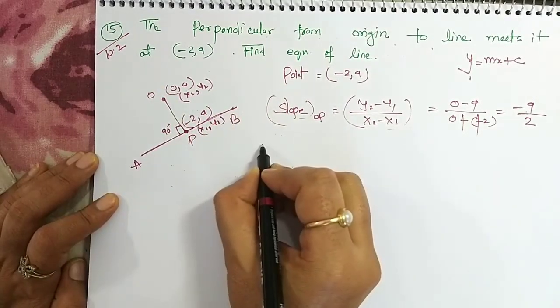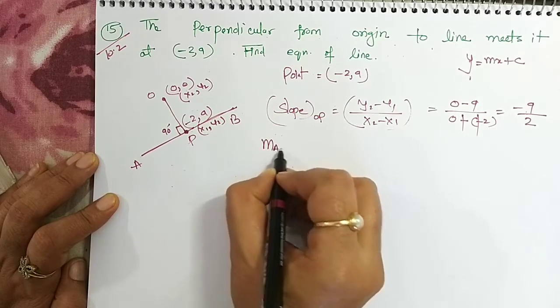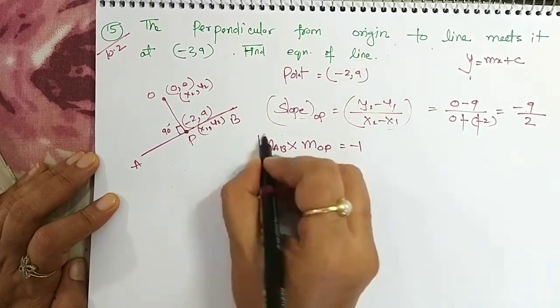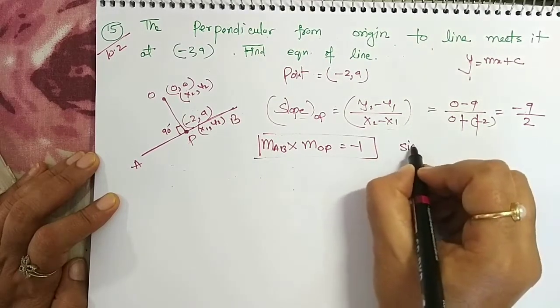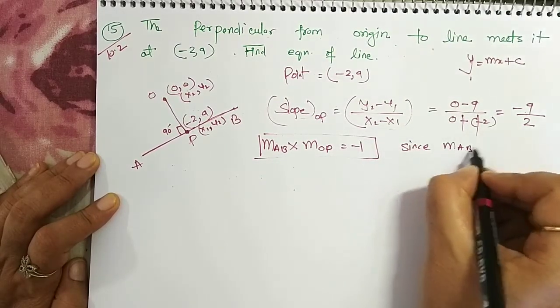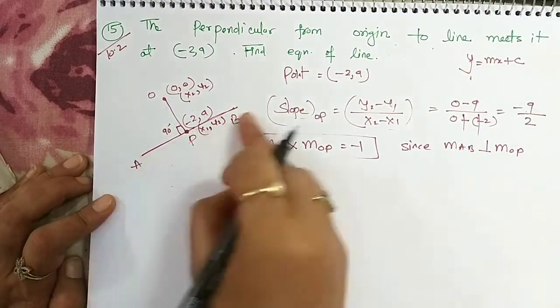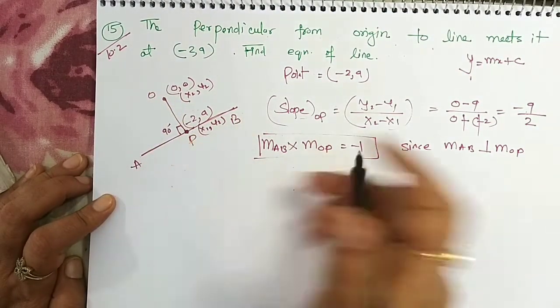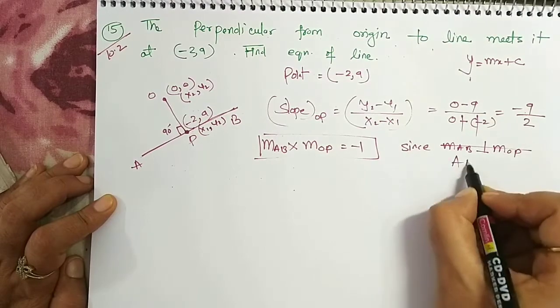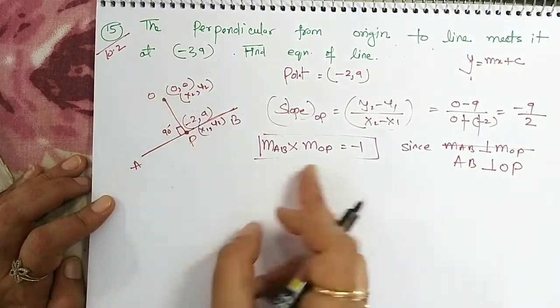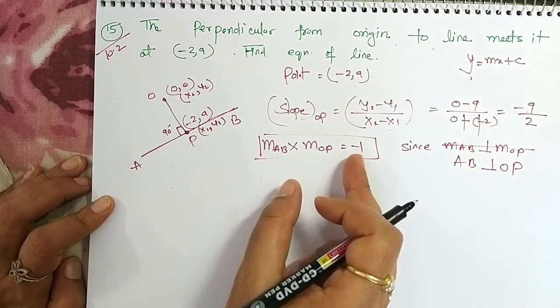But I am interested in slope of AB. So can I say m of AB into m of OP is minus 1? Why? Since AB is perpendicular to OP. If two lines are perpendicular, the slope product is minus 1.